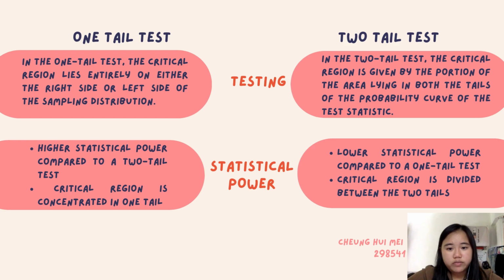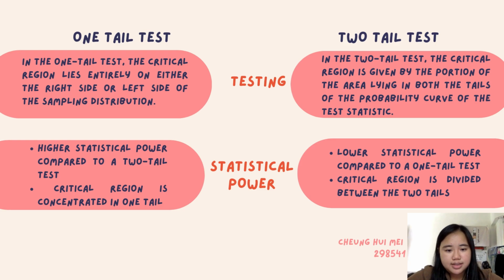In the one-tailed test, the critical region lies entirely on either the right side or the left side of the sampling distribution. In the two-tailed test, the critical region is given by the portion of the area lying in both tails of the probability curve of the test statistic.